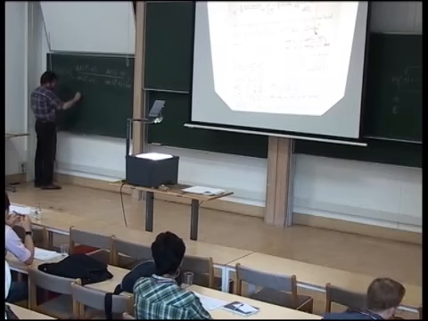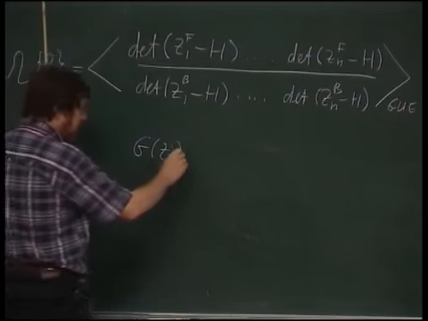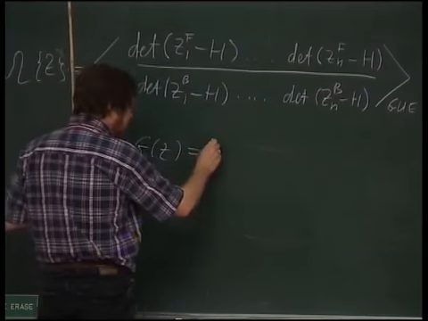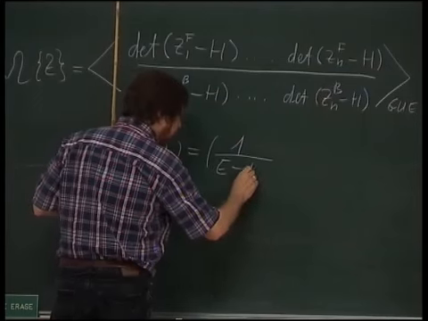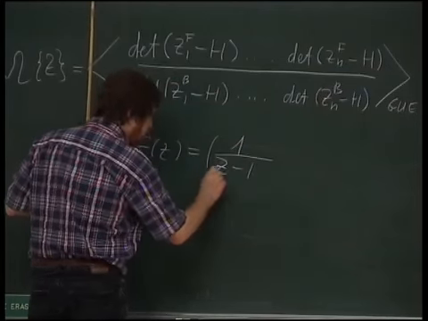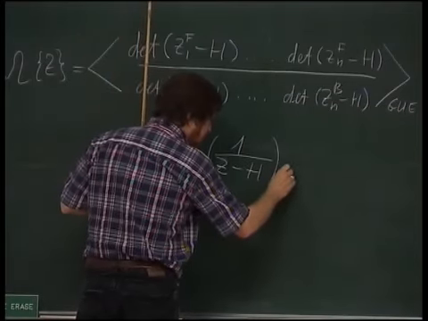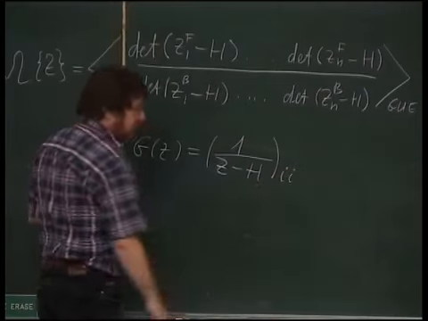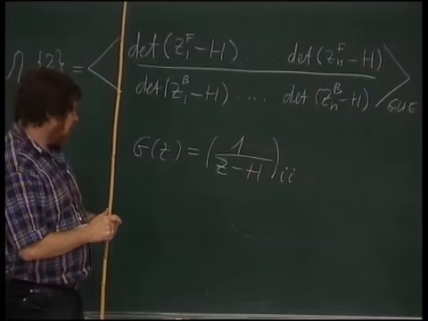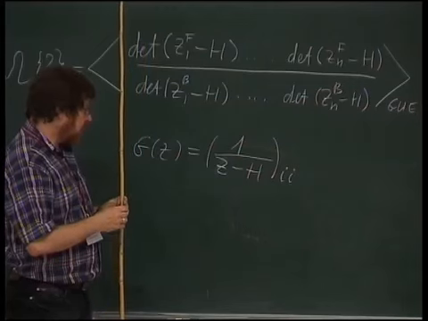So suppose you have your Green function as a function of parameter z, namely which is a matrix element of our resolvent, taken a diagonal element of the resolvent.